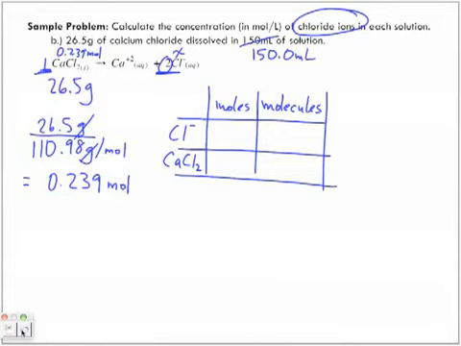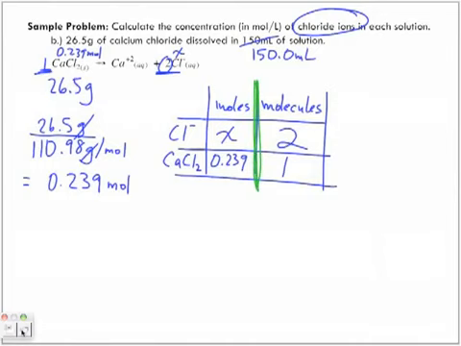We're going to treat it the old-fashioned way in terms of molecules. So we've just calculated 0.239 moles. We're trying to find the number of moles of chloride. How many molecules of chloride do we have? 2. How many molecules of calcium chloride? 1. So now, let's just recap the stoichiometry.